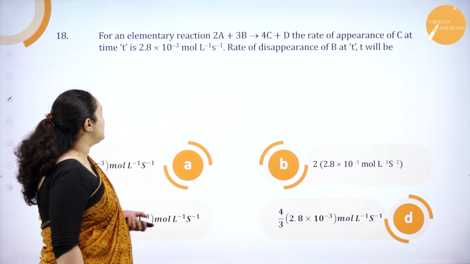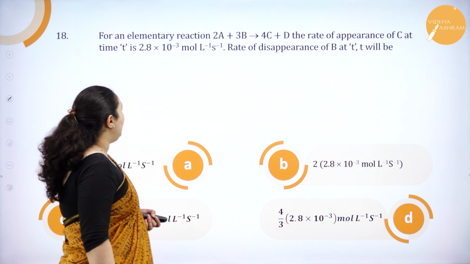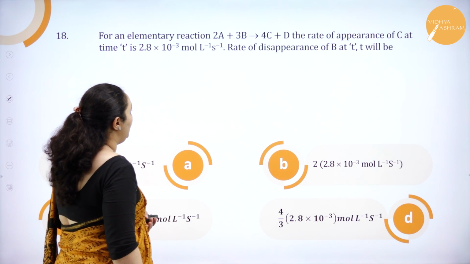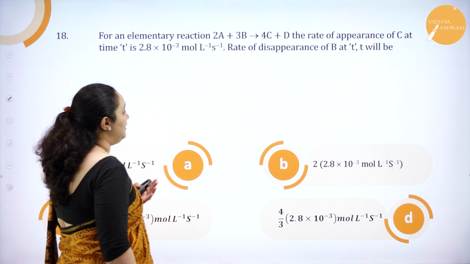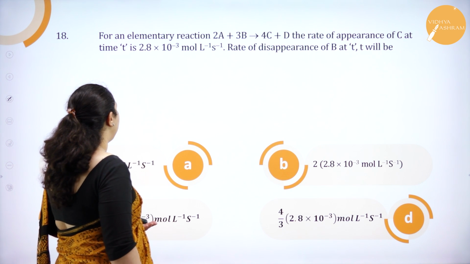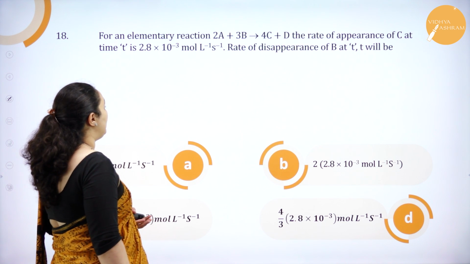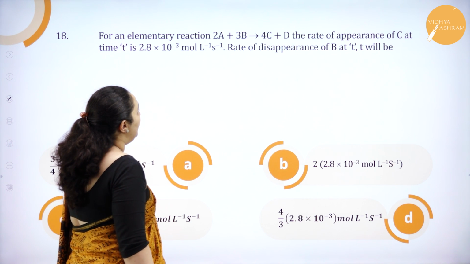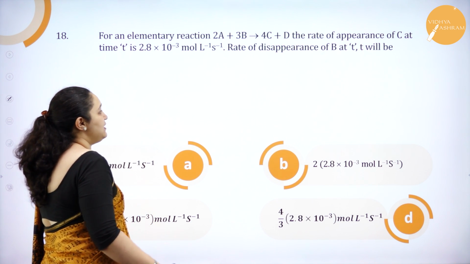Okay, the next one. For an elementary reaction 2A plus 3B giving 4C plus D, the rate of appearance of C at time t is 2.8 into 10 power minus 3 mole per liter per second. They are asking the rate of disappearance of B at the same time t.